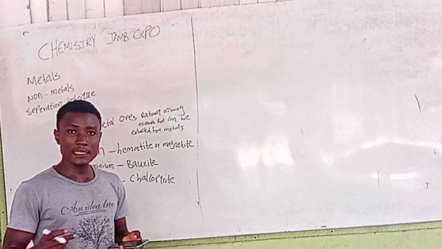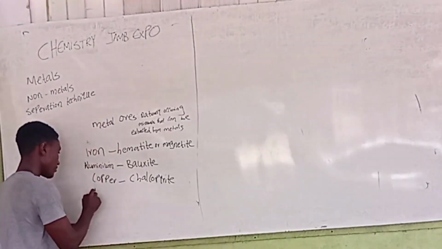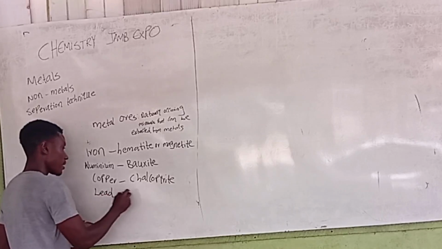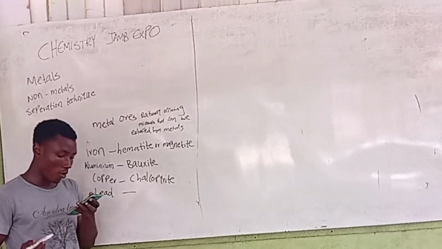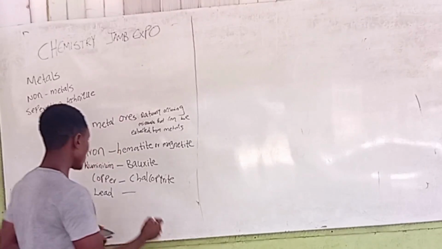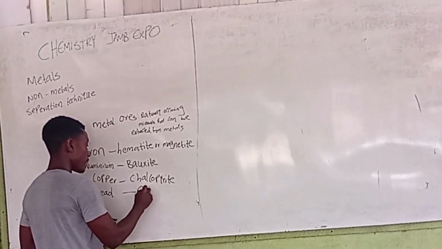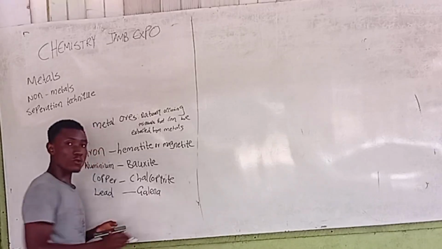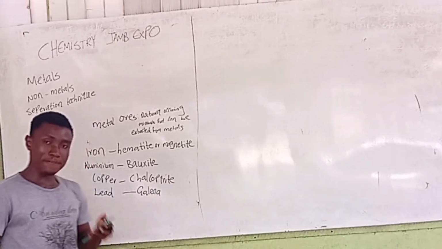Then we have lead. Lead is derived from an ore that is known as galena. We also have tin.